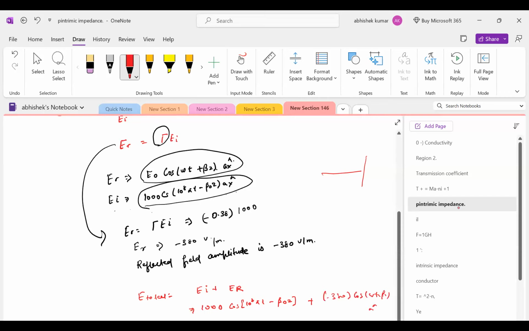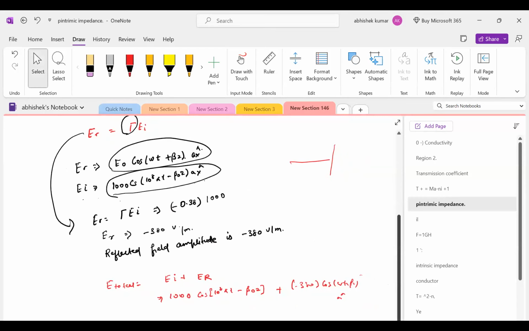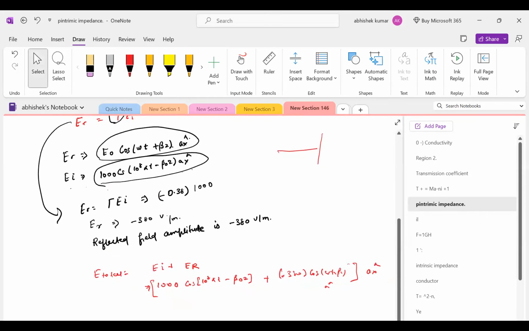Any doubt? How do you add those together? Just normal addition? Both are in the same direction, just reverse. So it'll just be 620 cos, like 1,000 minus 380. No, it won't be like that, because we are just adding the vectors only.